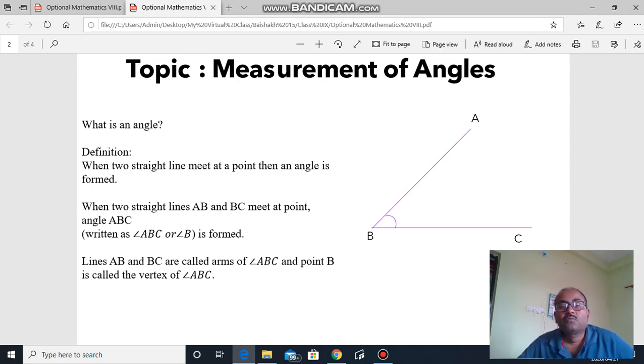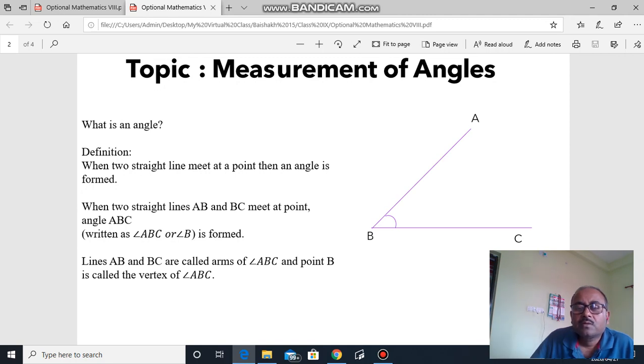Now, the question is how to name it. Like your name is Rachel, Shakti, Megha, etc. So you are recognized by your name. In the same way, how to name an angle? There is a simple way to name an angle.